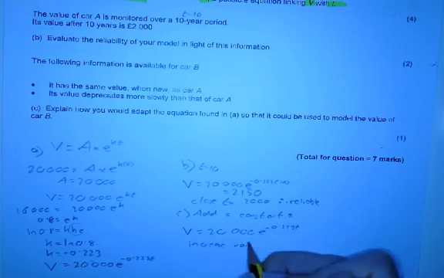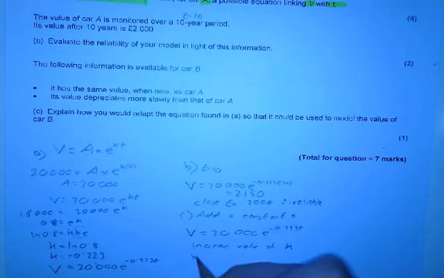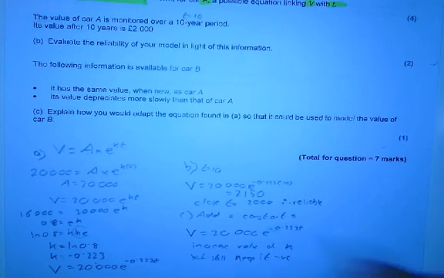So we could increase the value of k but still keep it negative. Say we increase that to minus 0.18t or something like that. It would still start on the same value and still depreciate, but it just wouldn't depreciate as much.